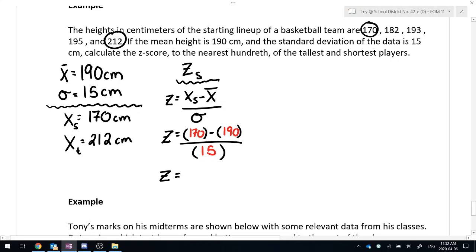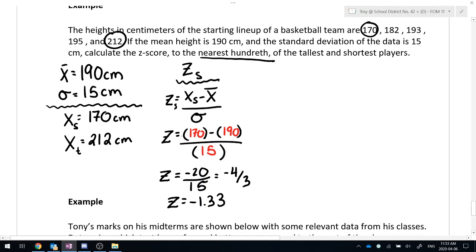So 170 minus 190, of course, is negative 20 divided by 15. And of course, that reduces to negative 4 over 3. So that would give us a Z score, if we rounded it off to the nearest hundredth, of negative 1.33.